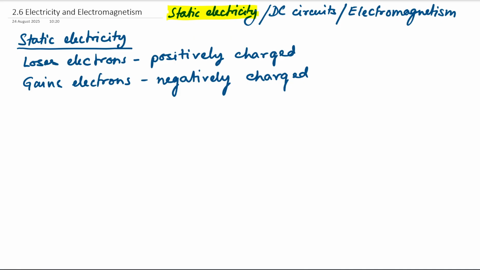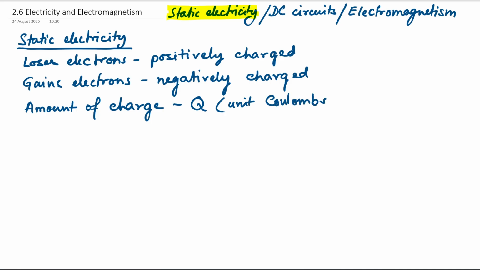Okay, so the first thing we want to understand is the relationship between the amount of charge on an object, and we are going to denote it with capital Q, and charge, its SI unit is coulombs, and symbol is capital C, and the number of fundamental charges, so how many electrons it has gained or lost, so number of charged particles.